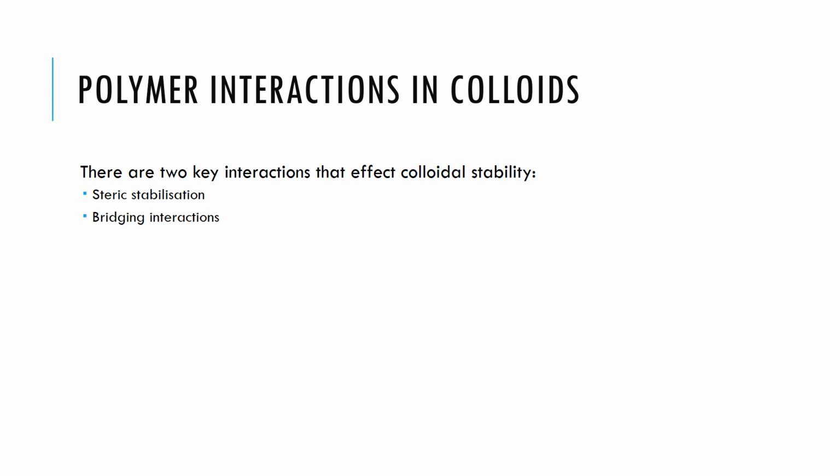So we can use polymers to think about stabilizing colloidal systems, and there are 2 key mechanisms through which you can manipulate the stability of a colloidal system by using polymers. The first is steric stabilization, and the second is bridging interactions.